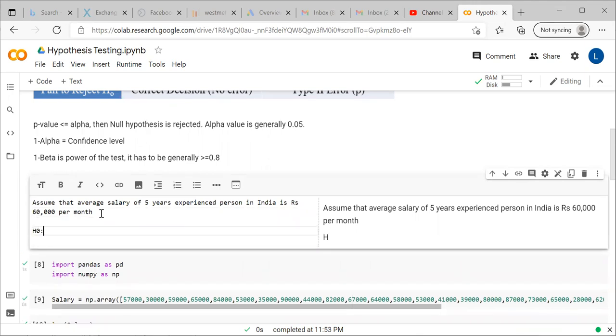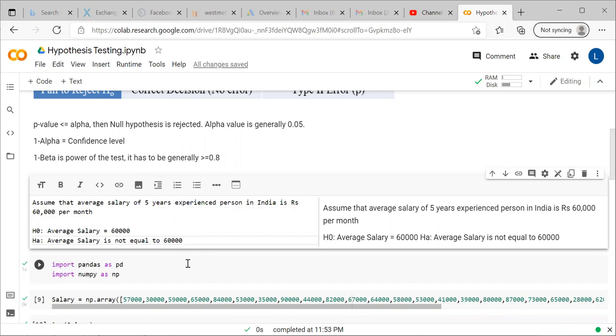So the null hypothesis, H0, is: average salary is equal to 60,000. What about the alternate? The alternate will be: average salary is not equal to 60,000.